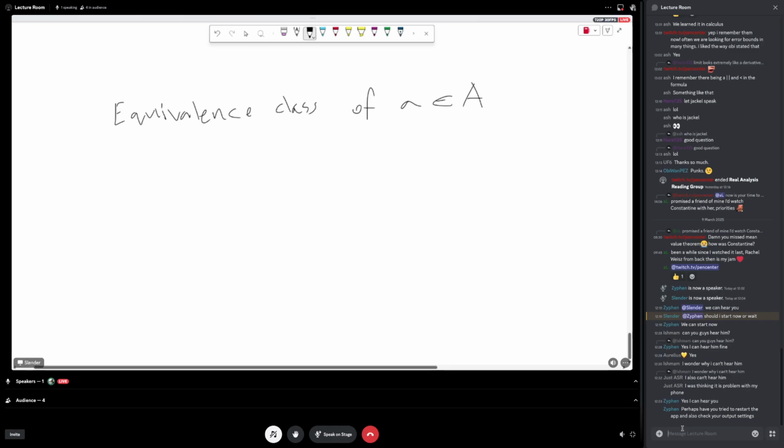So the equivalence class is a subset of A, and it's basically the equivalence class of this element, for example a, which we denote like this.